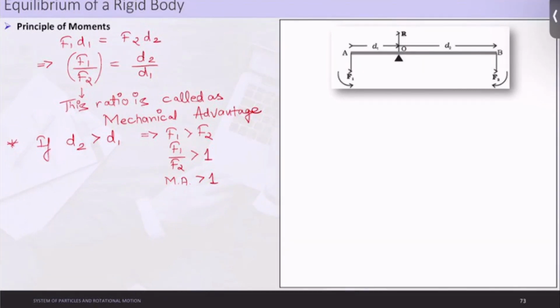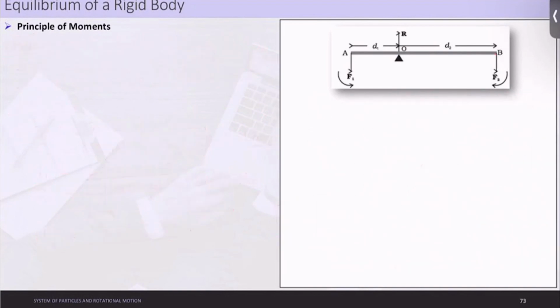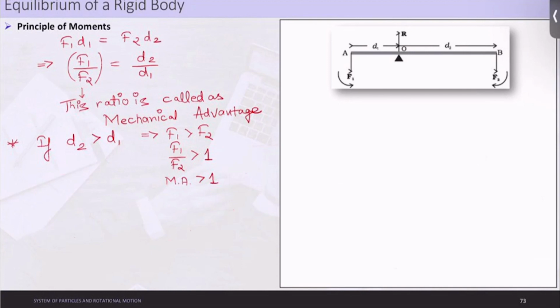If you remember correctly, F1 was a load. So if we need a smaller force so that we can lift a higher force, we can implement a distance D2 which is greater than D1.